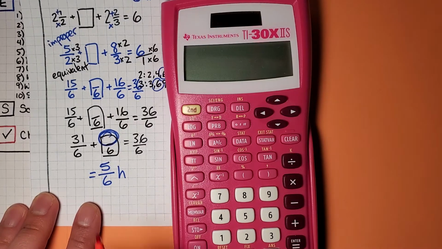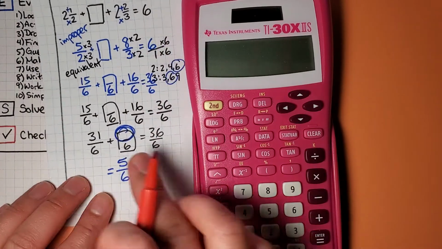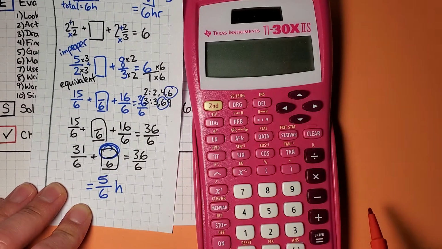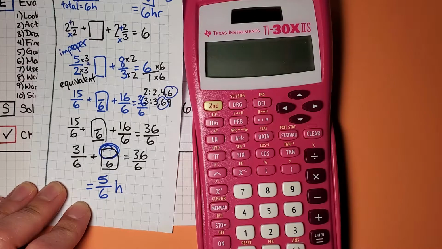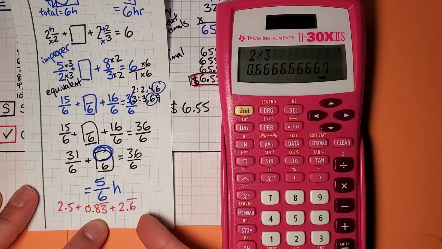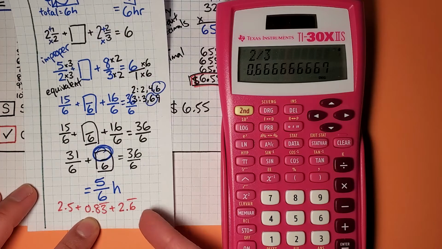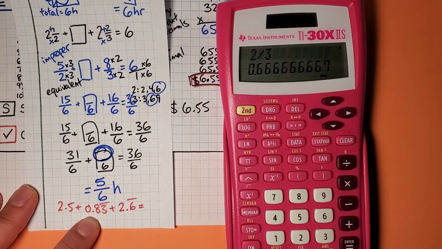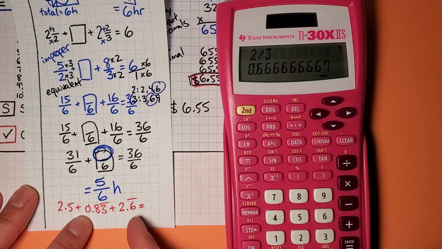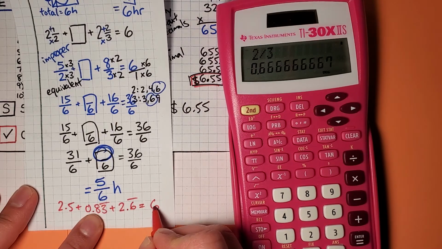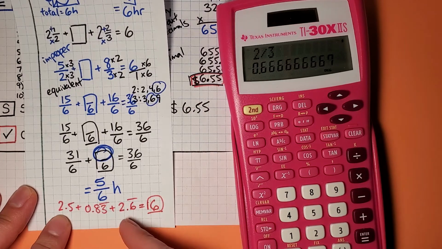The last step is to check. I'm going to check with a calculator. I'm going to quickly put everything as a decimal and see if it works. My decimals are pretty rough because of all of the repeating decimals, but I should get something close to 6 because that's what the total trip is.